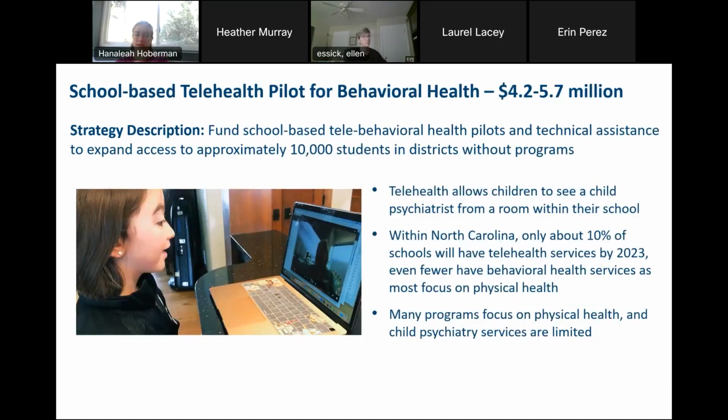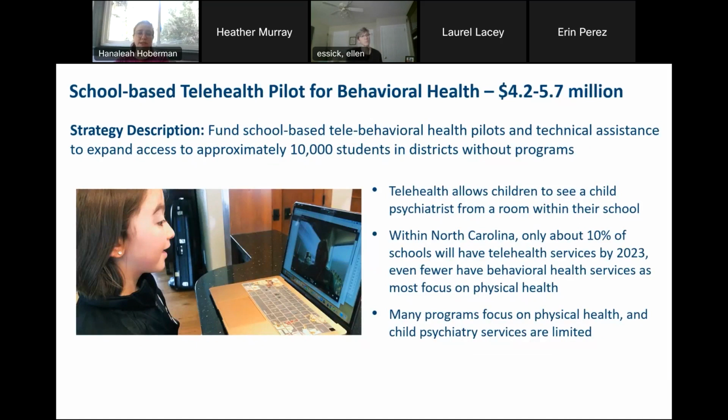So our next strategy is for school-based telehealth pilots for behavioral health. What we know is that many of our students are in areas where behavioral health is very limited, or in some cases not available.